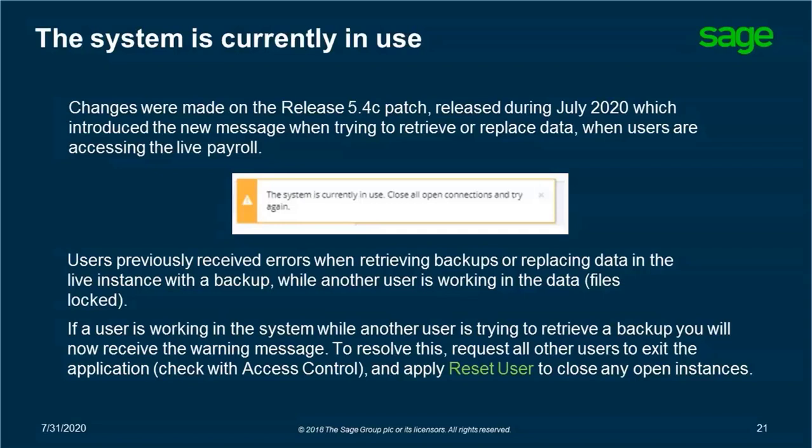So we recommend that you access your access control to see which users are currently accessing the system, and ask them to exit the system. You can then also click on reset users to close all connections, and then you'll be able to replace the live data in your live system from the backup.